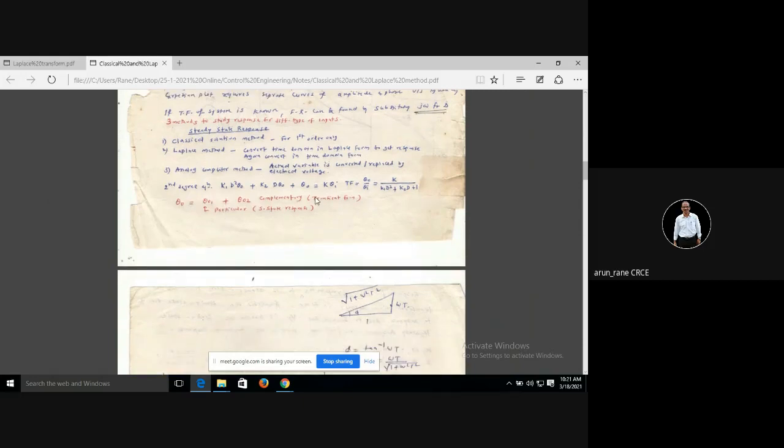So as I said, this is your second degree equation, and from this second degree equation, your transfer function, which is nothing but the output upon input, is k upon k1 T square plus k2 T plus 1.